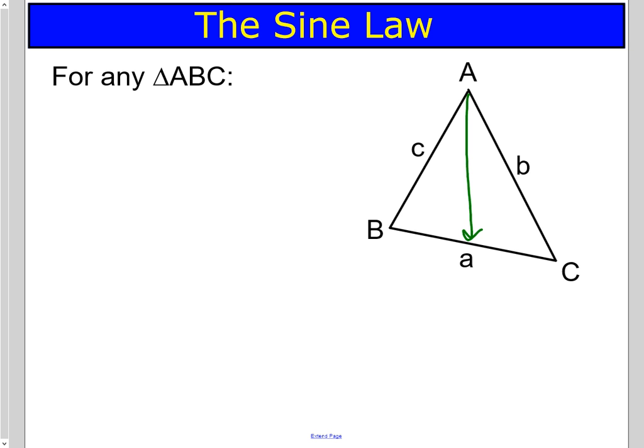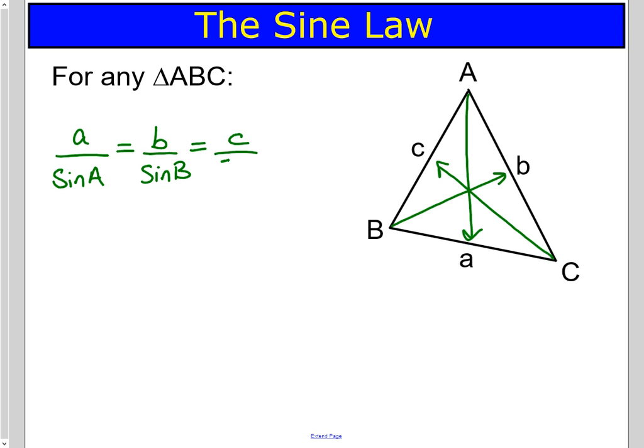So we use an uppercase A for the angle and a lowercase a for the side, an uppercase B for the angle and a lowercase b for the side, uppercase C for the angle, lowercase c for the side. And the sides are always directly across from the angle. And so we can write our sine law as a over sine A is equal to b over sine B, which is equal to c over sine C.